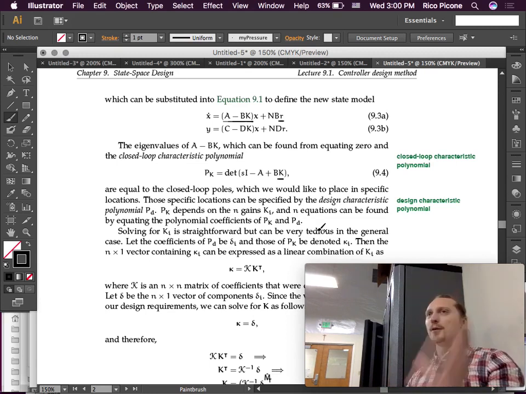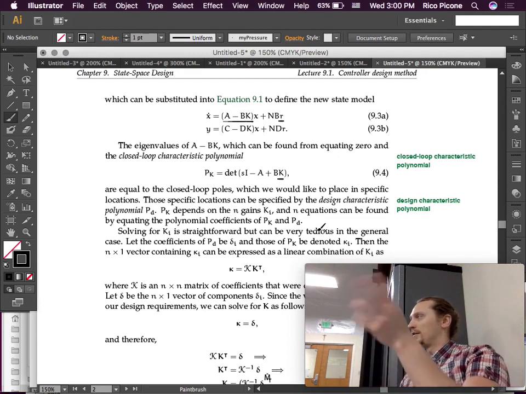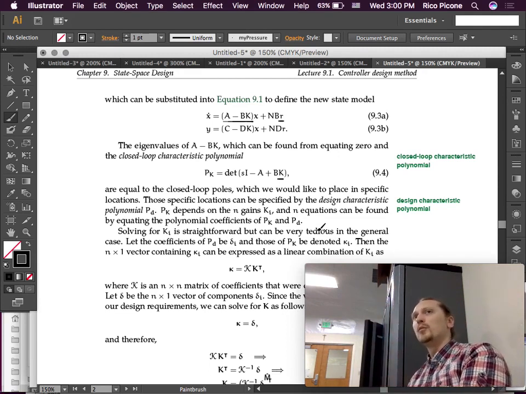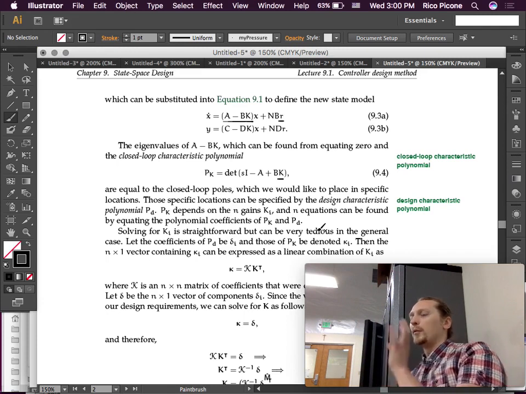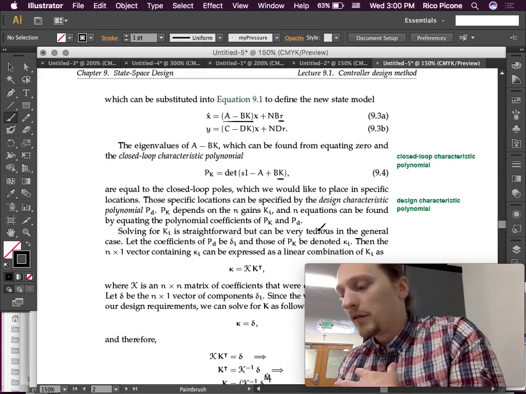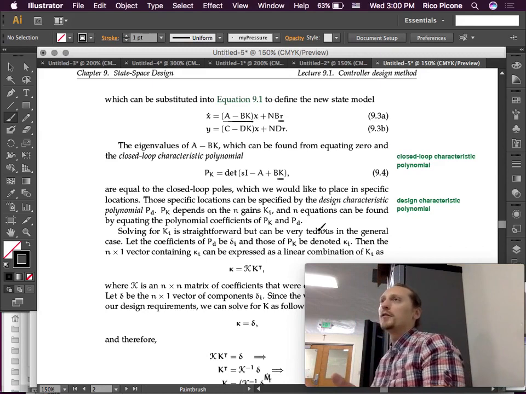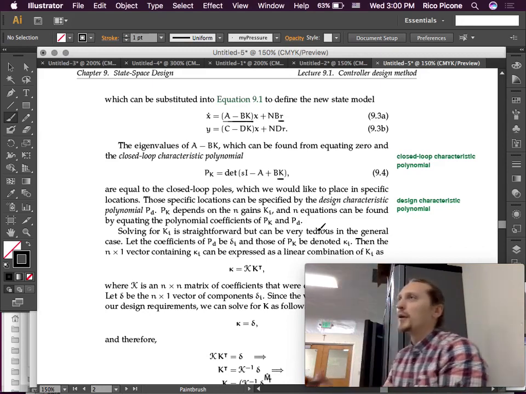So we say, where do we want those poles to be? Once we specify where those closed loop poles are, we build a polynomial out of that.